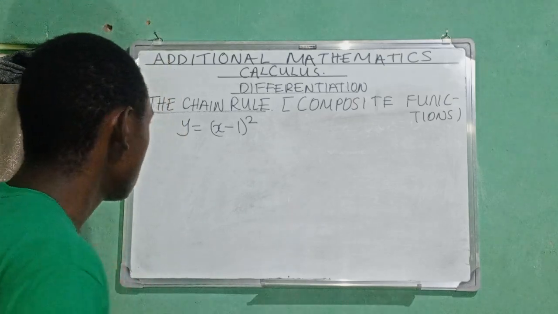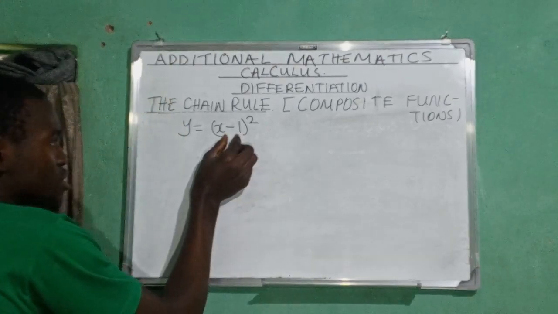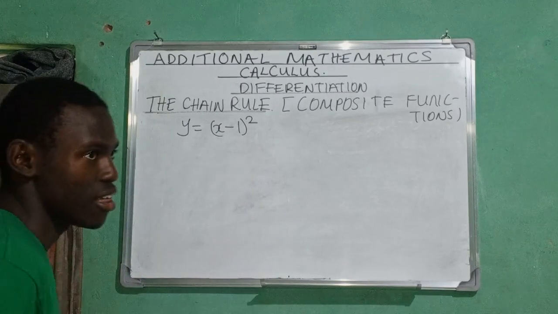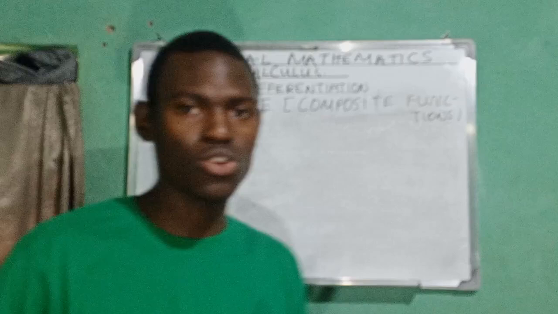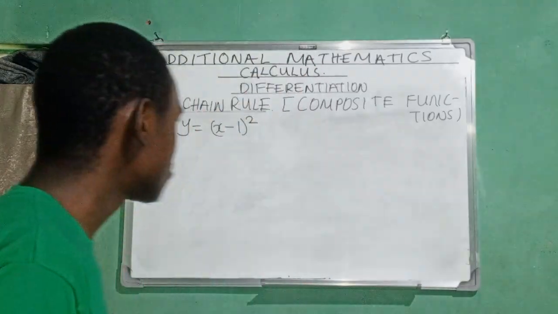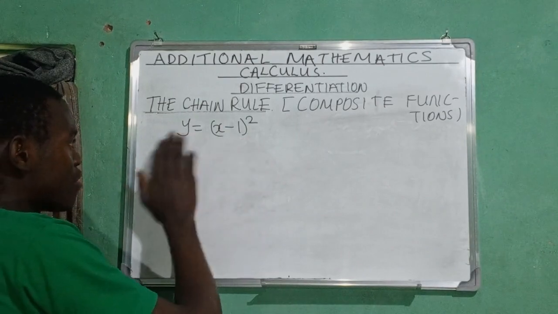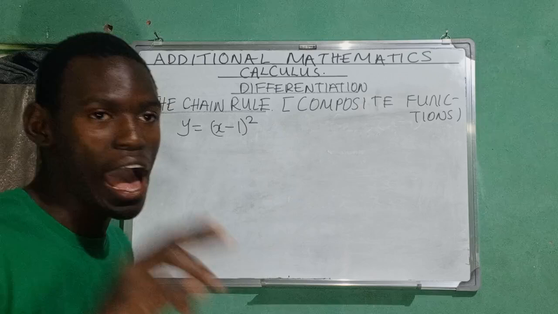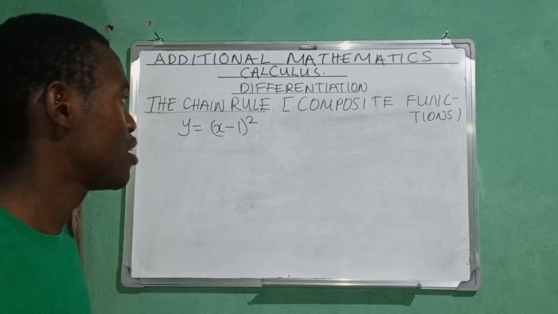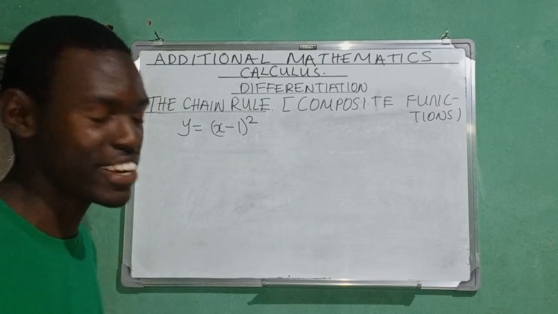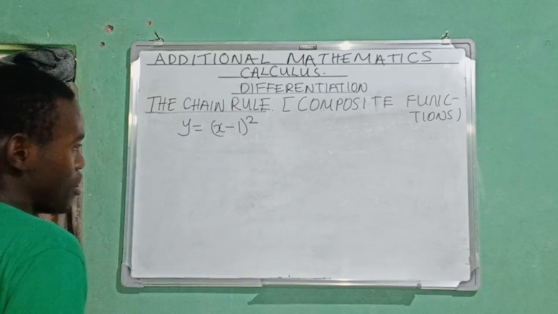So which means this expression has x minus 1 in the brackets. That's what we call the core. This core and the function itself are two different functions, so we can call them two combined functions. What do I mean?